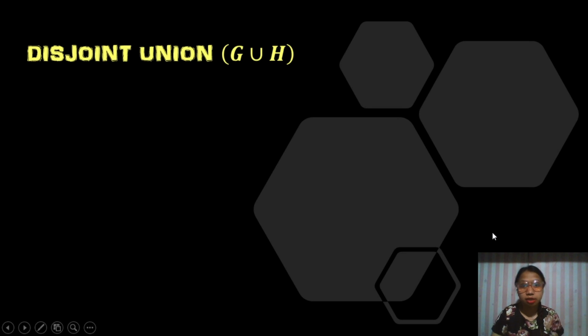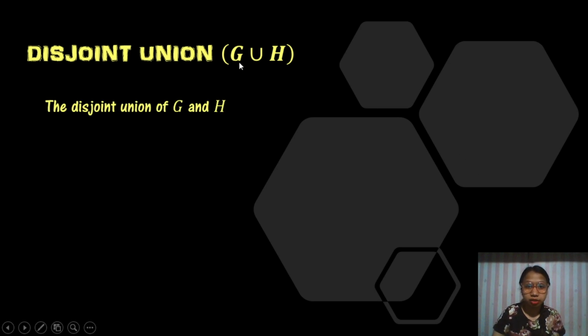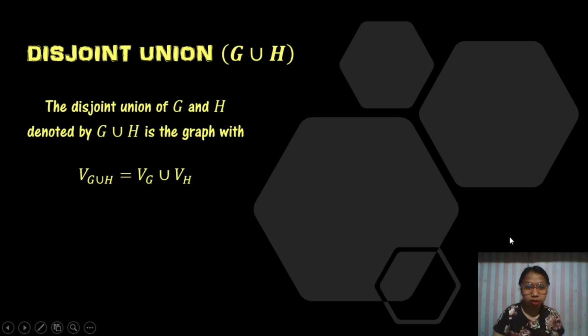So for the next operation, we have this disjoint union. The disjoint union of two graphs G and H, so we have G union H, is the graph with a vertex set, which is the union of the vertex sets of the two graphs, and its edge set is just the union of the edge sets of the original two graphs.